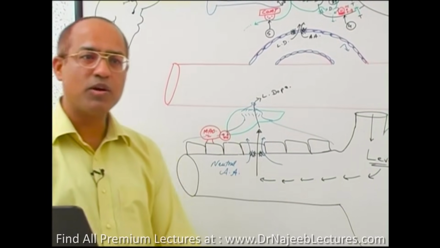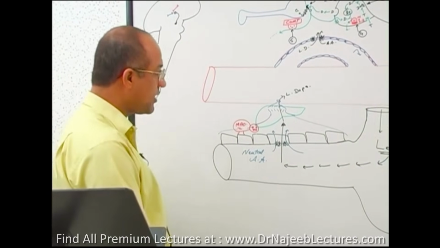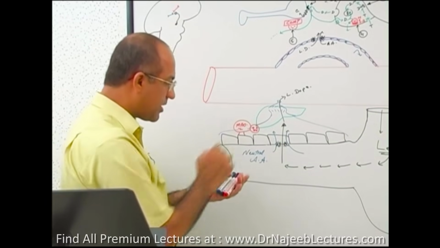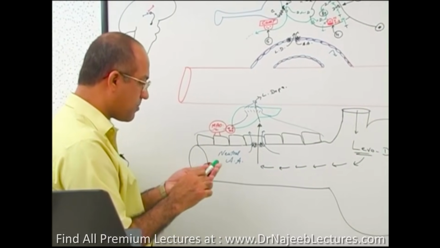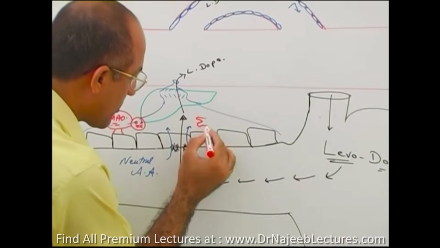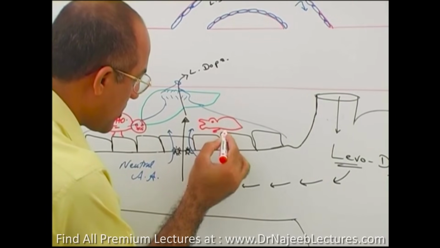These MAO enzymes, monoamine oxidases, are present, number one, in multiple areas. Number two, there are many enzymes after this. There is another enzyme there, a very important one. What is that? Who will tell me this enzyme?